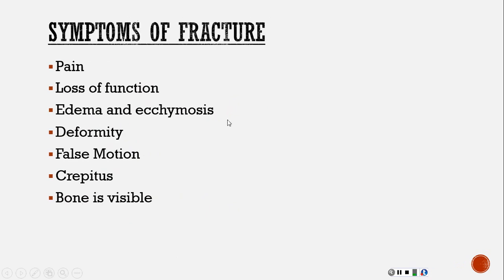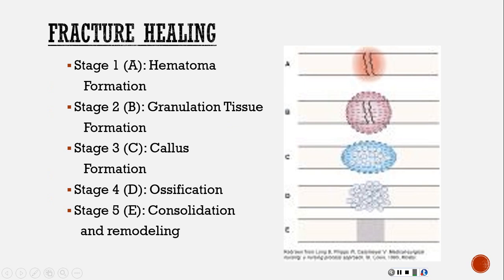So, symptoms of fracture, you need to be familiar with those. You also need to know about the wound or fracture healing process. So, when does the healing process begin? Immediately, because immediately we start to have bleeding. So we have bleeding, hematoma formation.